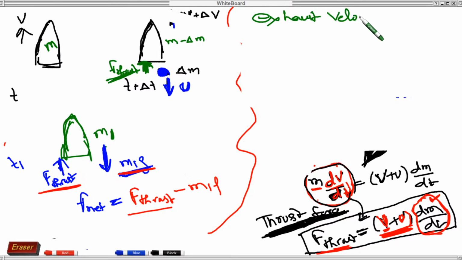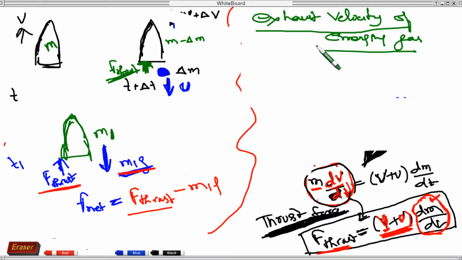The thing I am saying is that it is of a rocket.